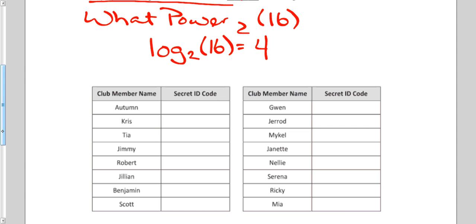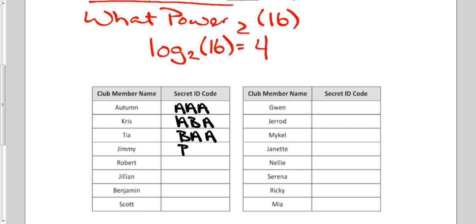So, let's do this again. Let's do the same codes we did before. Autumn was A. Chris was A, B, A. Tia was B, A. Matt.